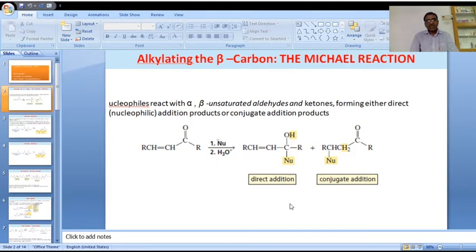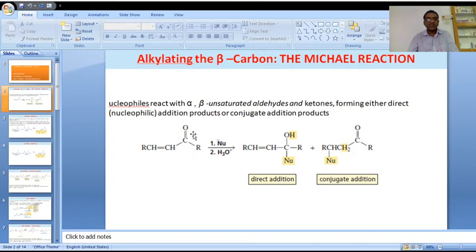In this Michael reaction, generally the nucleophile, here Nu, reacts with the alpha beta unsaturated aldehyde, or it may be ketone. Here we are using a ketone compound.